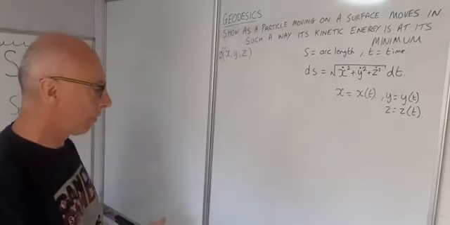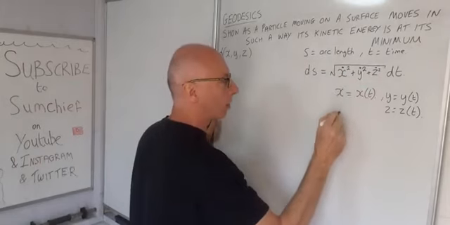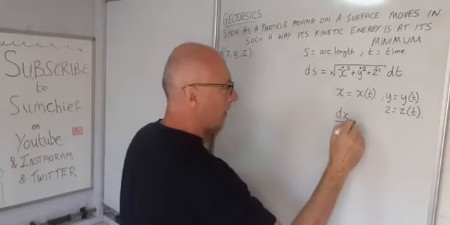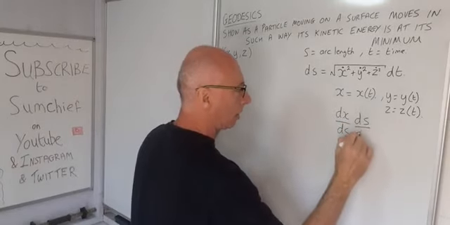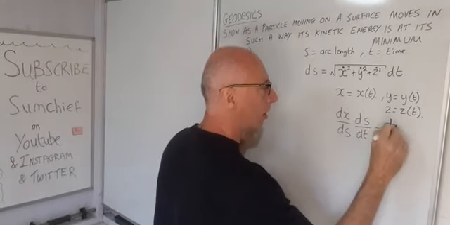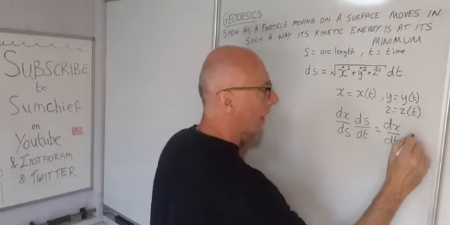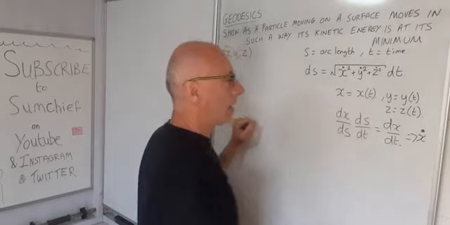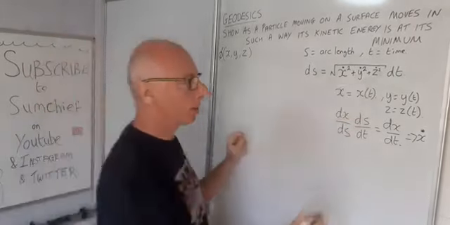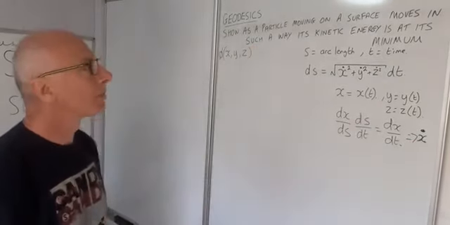And then for the derivatives of that, for example, for the x, to get the x dot, we've got dx/ds, and then by the chain rule, ds/dt, and then that will give us dx/dt, which in this term here, we'll just write as x dot. Now you can substitute the x for the y and the z to get the same ones. I'm going to let you guys do that. And that's how we get to the parametric derivative of x dot.